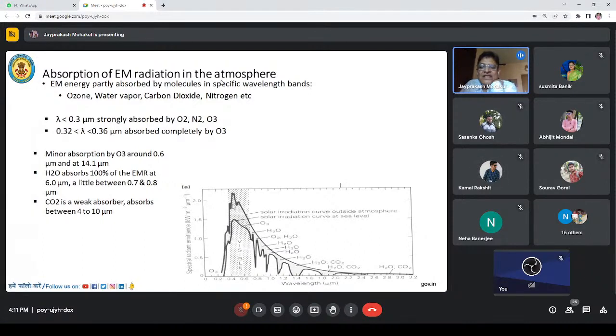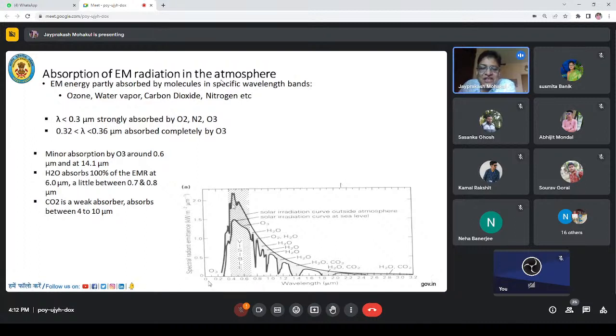This curve is basically the solar irradiation curve outside the atmosphere. It means you have energy right from gamma to microwave coming from the outer atmosphere, no?